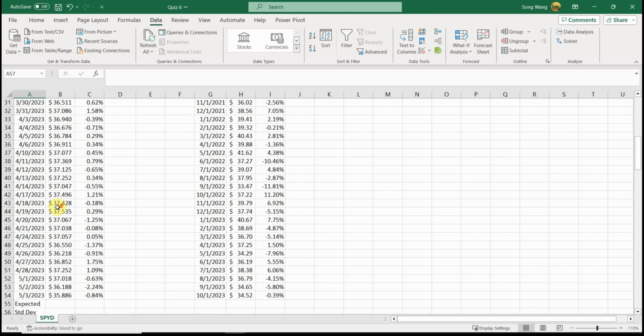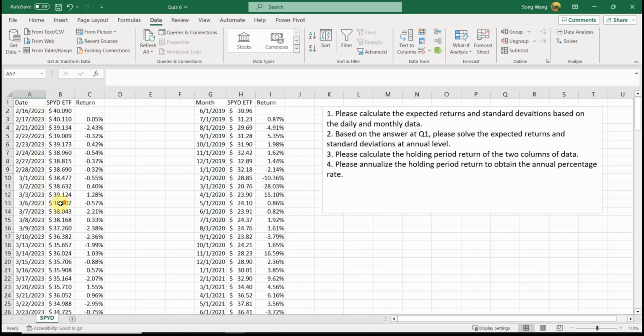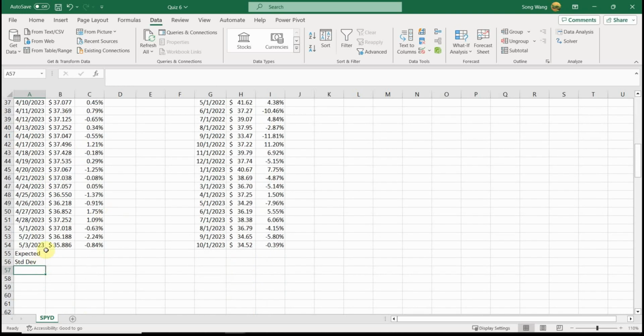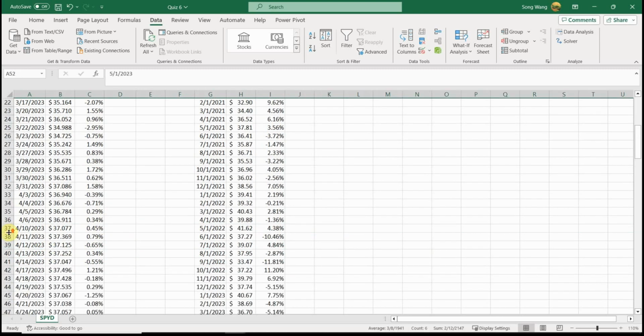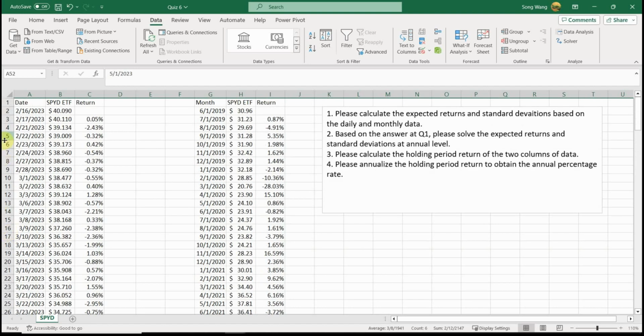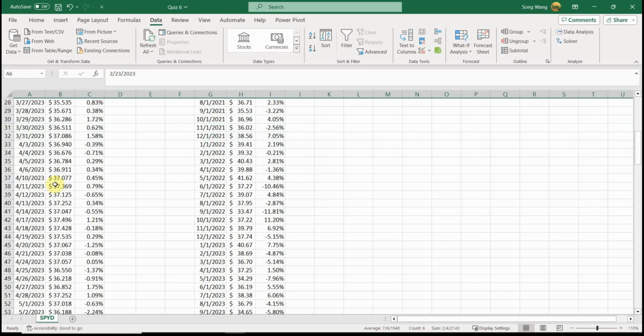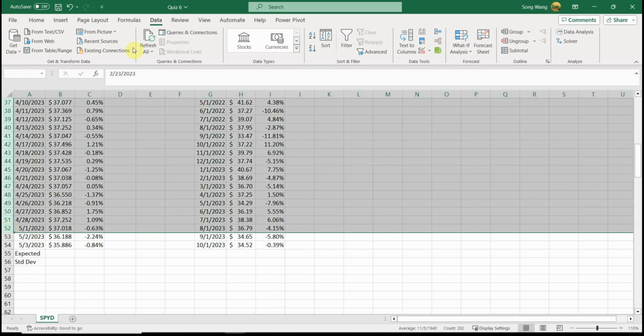You can see it's a little bit hard for me to read all of the data. Actually, I don't need to read all of the data, but if I do the calculation here, I have to scroll all the way down every time. So there is a way that I can avoid doing this. I just select these rows in the middle, and then I go to Data, then I click on Group.